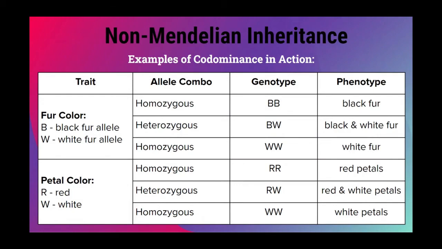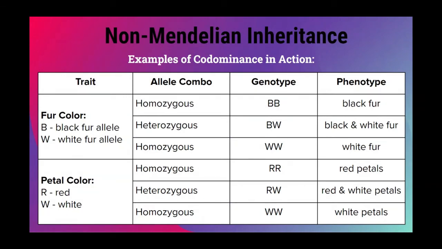So again, when we have different letters, so we're not seeing big B, little b, or big W, little w, or big R, little r, we are seeing different letters representing the dominant alleles. Again, you don't see homozygous dominant because you don't have one that's dominant over the other.